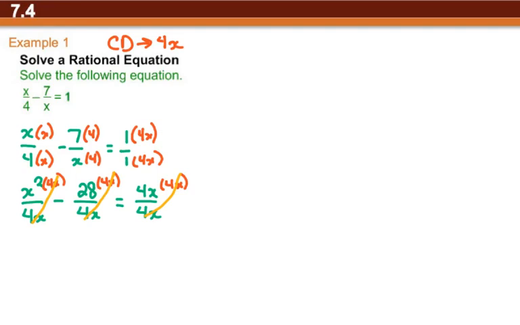We do this mostly because solving equations without denominators is easier than solving equations with. Lets us rely on some methods that we've learned previously instead of having to create new ones. So what we are left with is x squared minus 28 equals 4x.